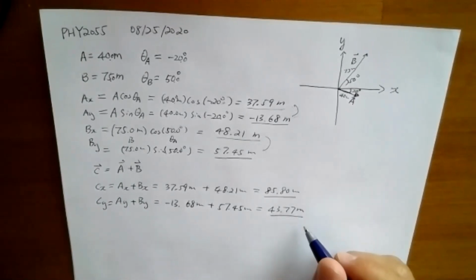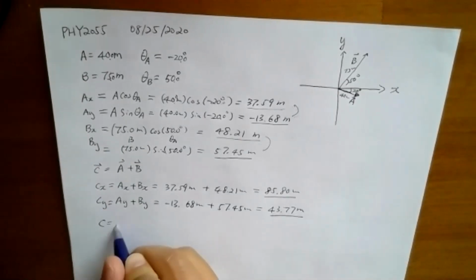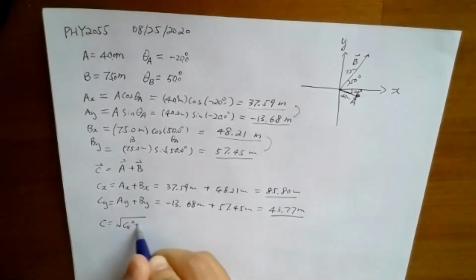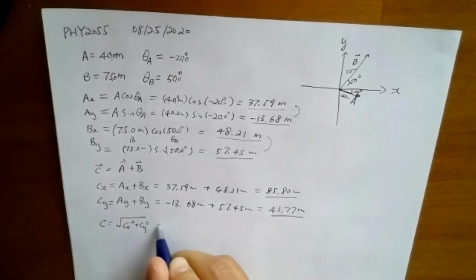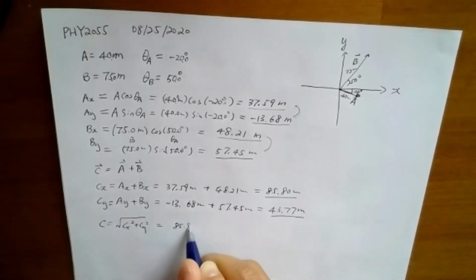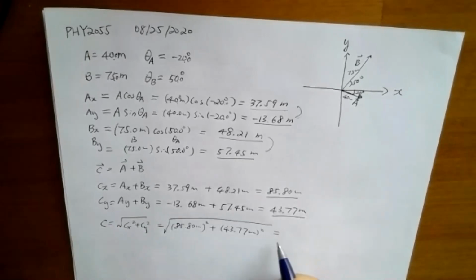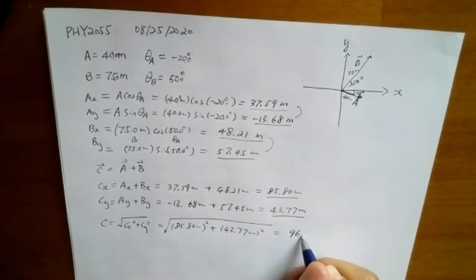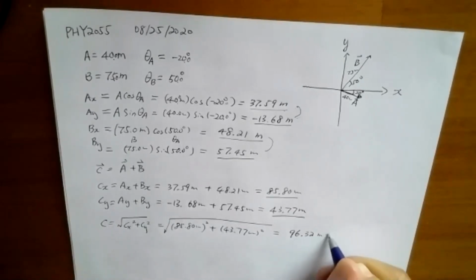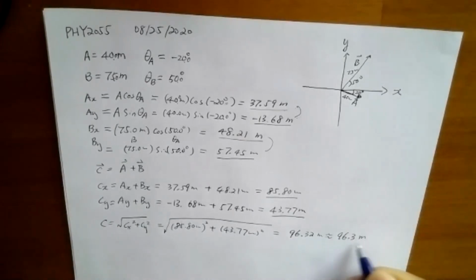Now I have the two components. I can determine its magnitude: x component squared, 85.80 meters squared, plus y component squared, 43.77 meters squared, and then take the square root of it. That will be 96.32 meters. To keep appropriate sig figs, it's 96.3 meters.